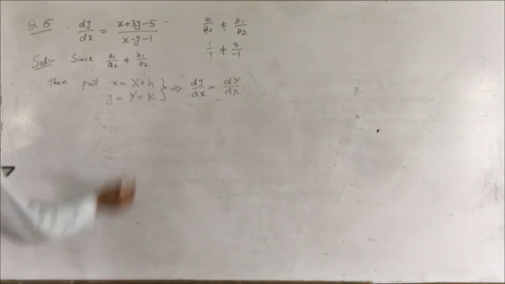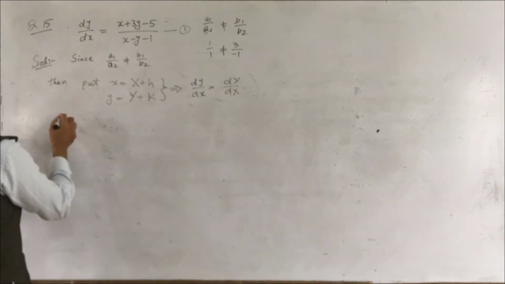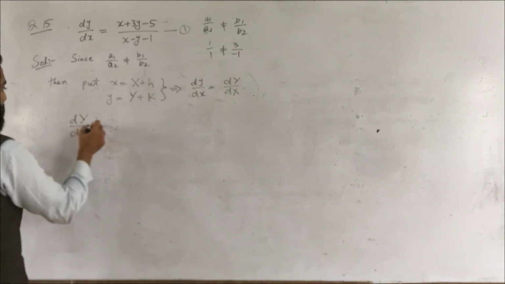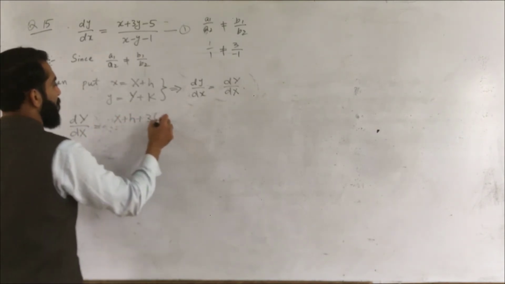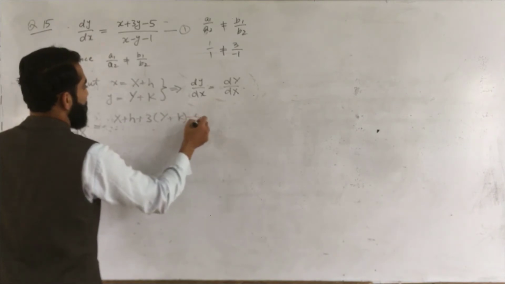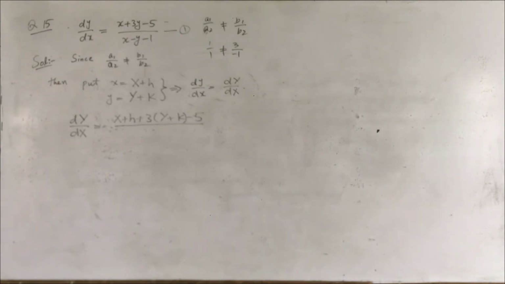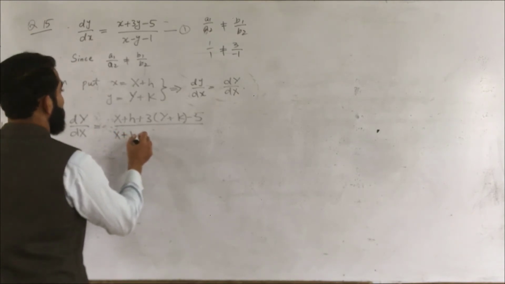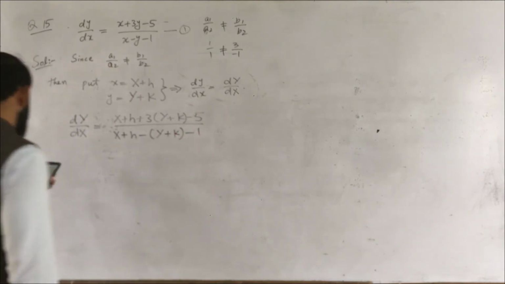So this equation number 1 will transfer to dy over dx is equal to (X plus h plus 3 into Y plus k minus 5) divided by (X plus h minus Y plus k minus 1).